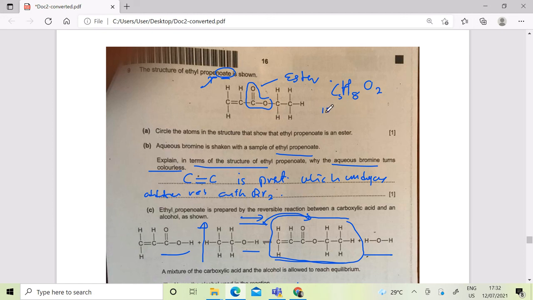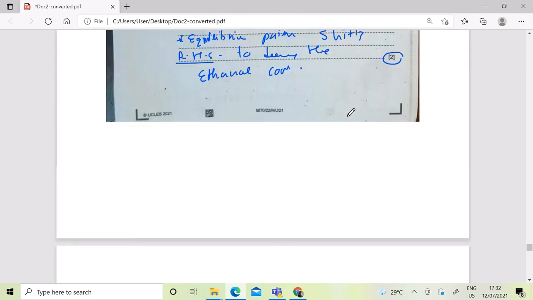Carbon 12 times 5, plus 8, plus oxygen 16 times 2, 32. We end up with 100 MR. So the relative molecular mass of the ester, which will be used in your calculation, is 100.